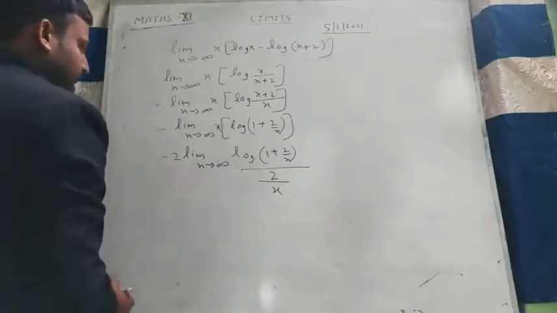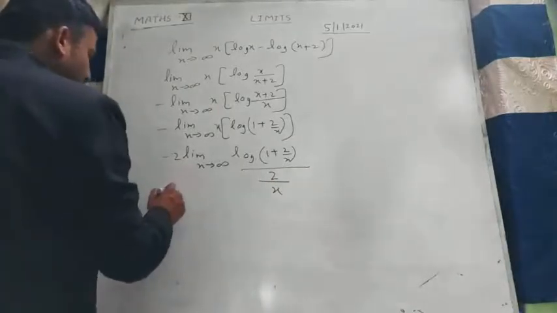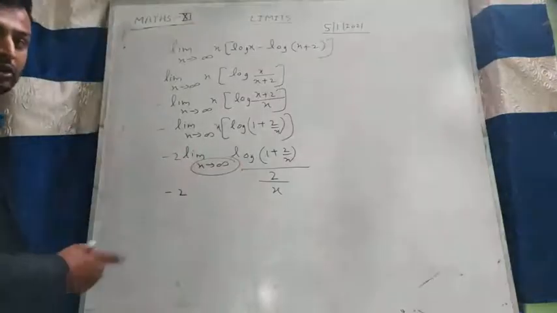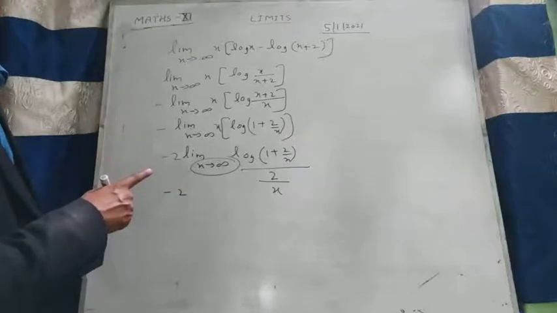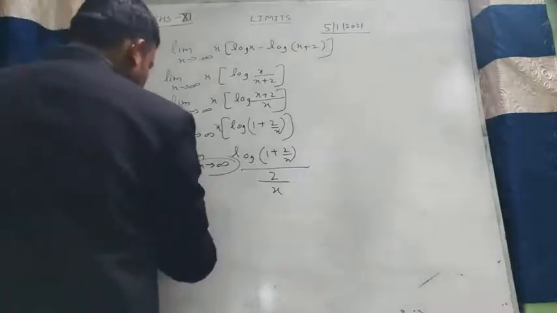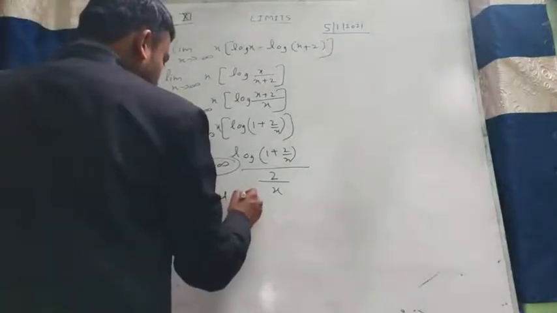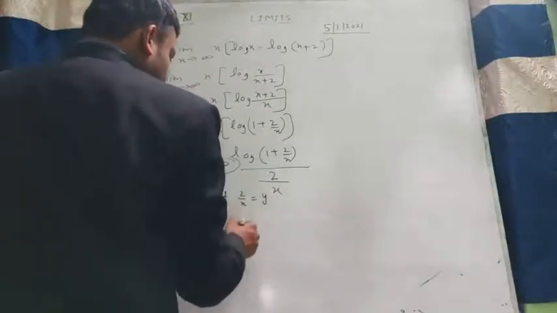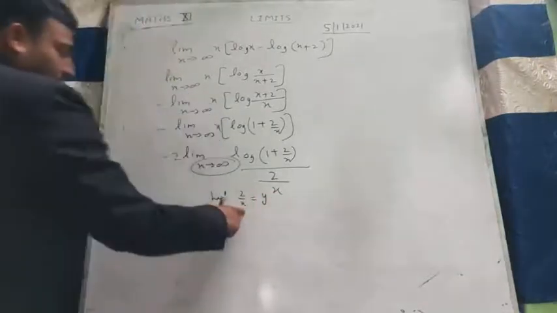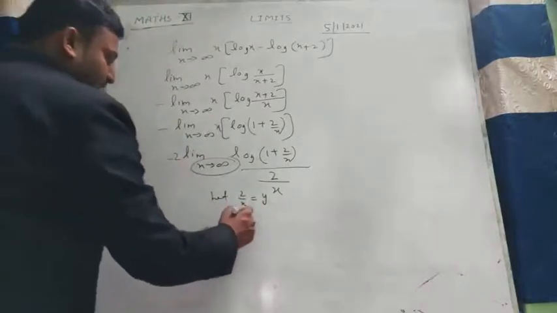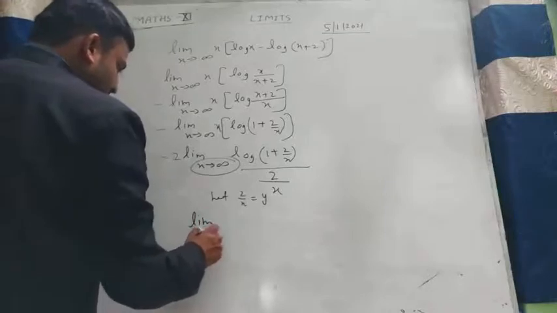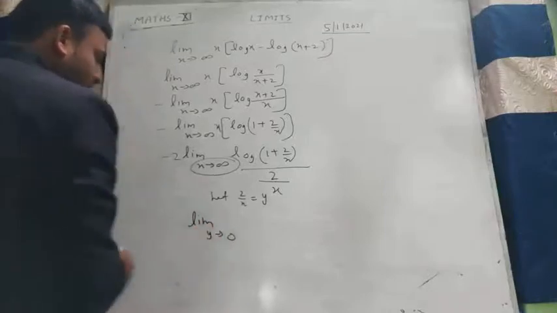Now we see that our limit is x tends to infinity, so we will change our limit. Let 2 by x equal y, so when x is infinity, y tends to 0.